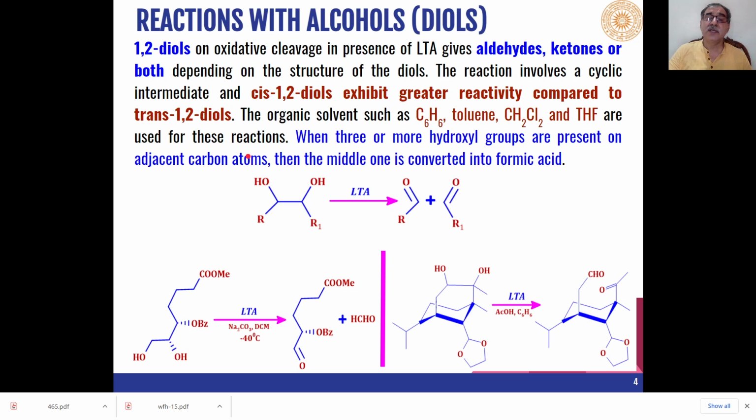Which clearly says that in the oxidative cleavage mechanism there must be a formation of a symmetrical intermediate which can be easily formed from cis-1,2-diol.